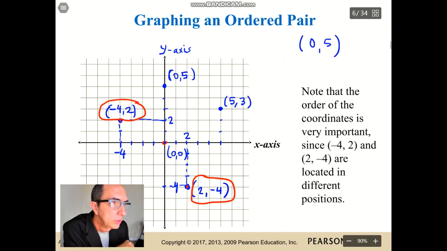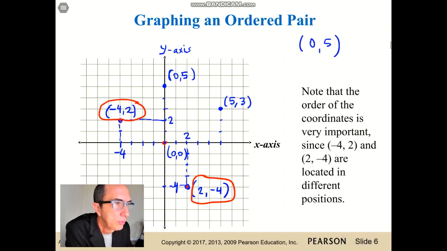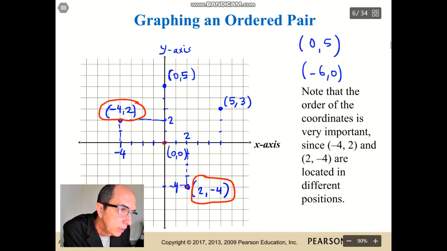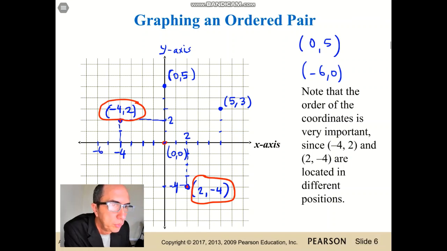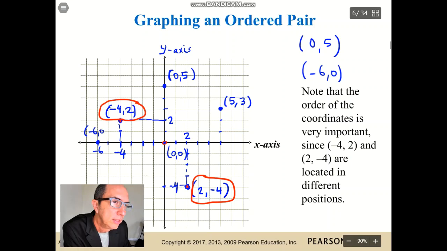This is the point associated with the ordered pair 0 and 5. Another one, -6 and 0. We go to the x-axis and we move to the left from the origin. 1, 2, 3, 4, 5, 6. -6 and 0. 0 means we're not moving neither up nor down, and the point is right here, -6 and 0.